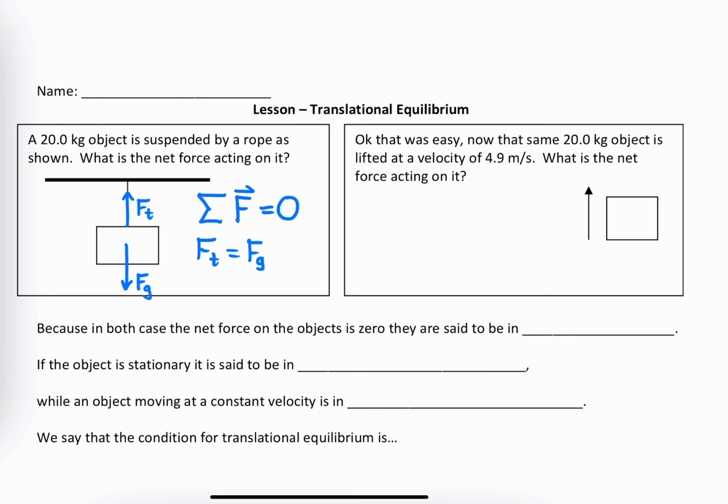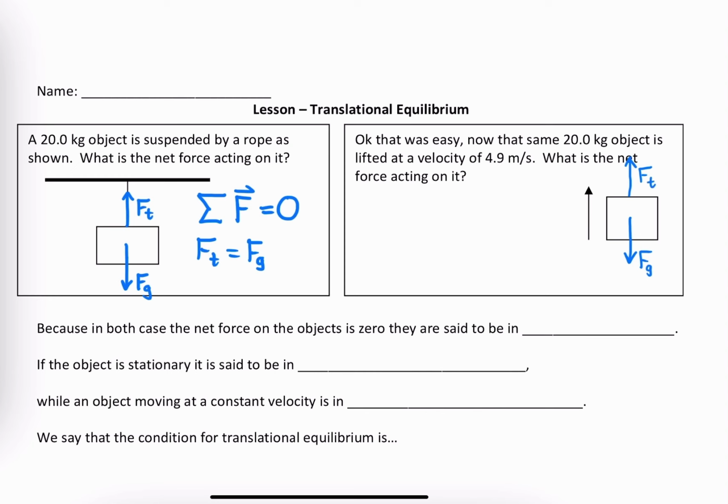There are still forces. We still have Fg acting down. And something must be lifting this, so we probably still have, maybe it's that same rope that was attached to it before, an Ft going up.